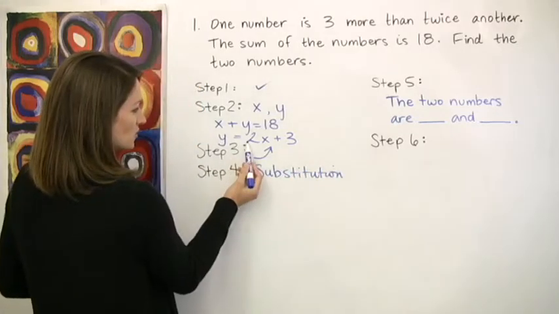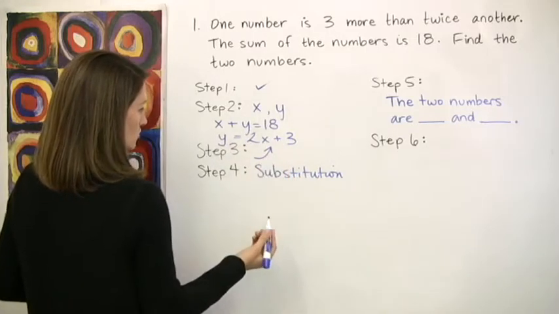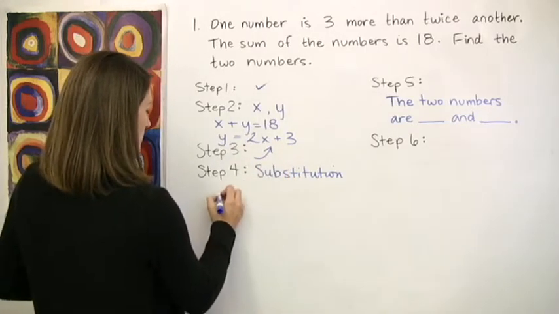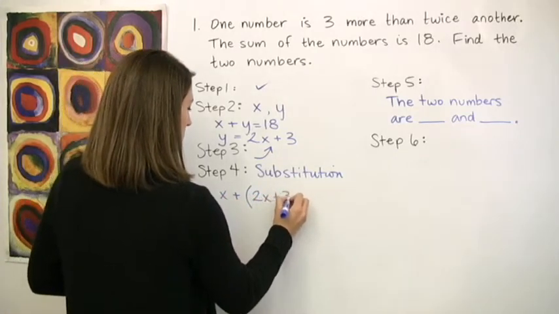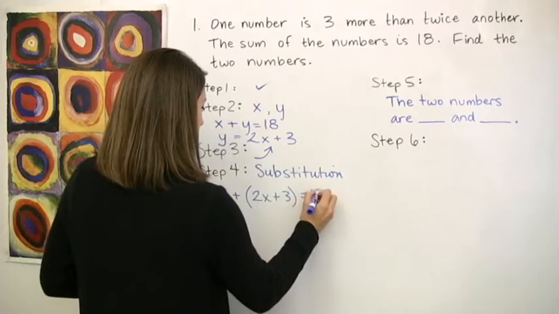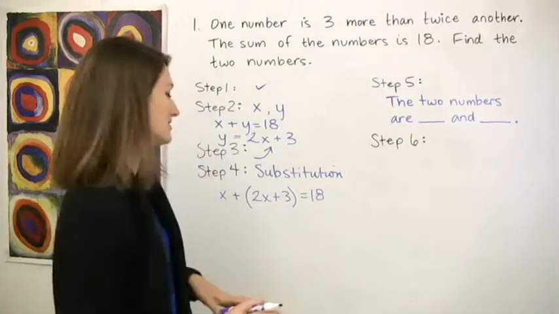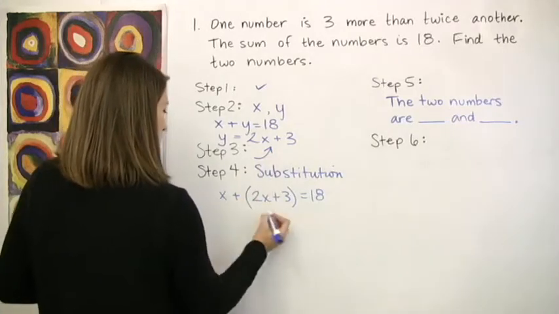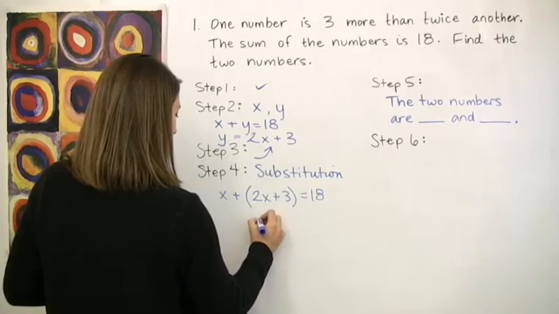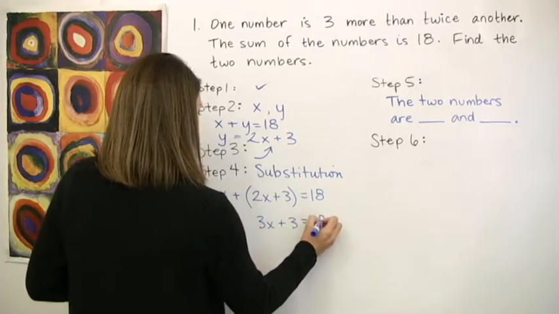And we're going to substitute 2x plus 3 in for y in our first equation there. So let's go ahead and plug that in. We have x plus 2x plus 3 equals 18. Then if we solve this equation for x, we can find its value and then plug that back in order to solve for y. So simplifying this left side, we have 3x plus 3 equals 18.